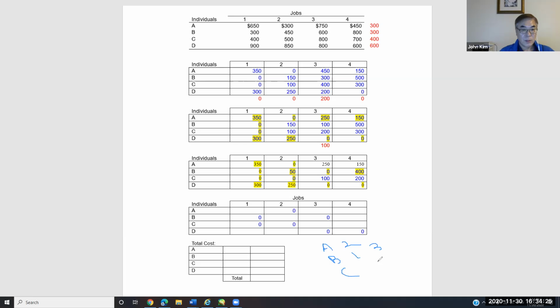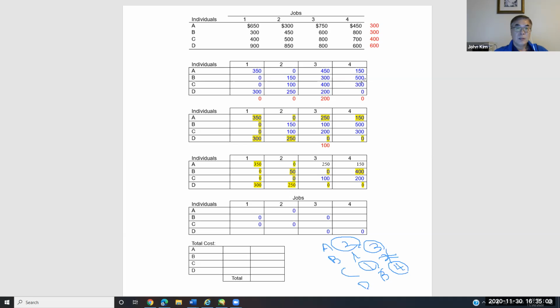C 1 and 2. D 3 and 4. So when you assign, if there is only one available, assign that one first. A gets 2, then this one is not available, it goes out. Then assign, not available, assign, not available, assign.